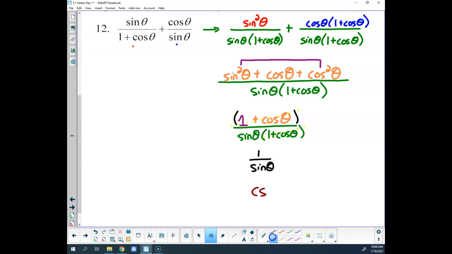That's cosecant. This is why I love this unit. This big, nasty, ugly fraction plus a fraction simplifies just to cosecant. So you're taking these huge things and simplifying, you're doing great math, you're doing algebra, you're loving every minute of it, and it's just cosecant. It's good stuff. Love it.